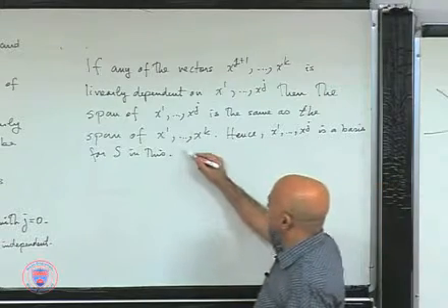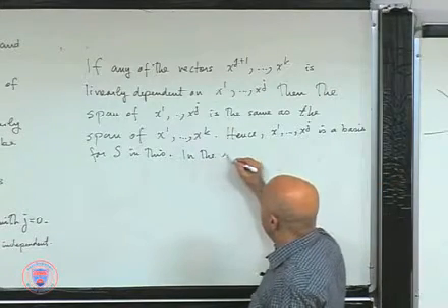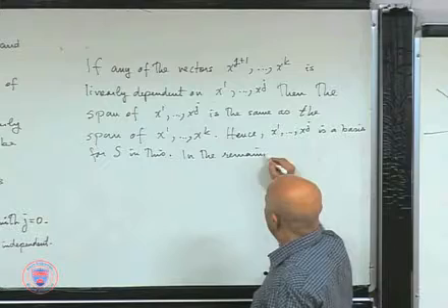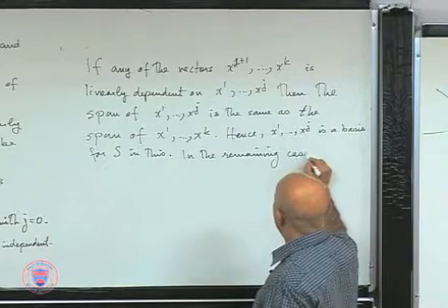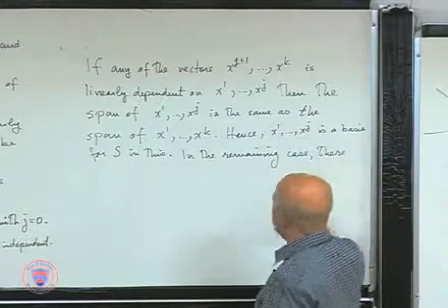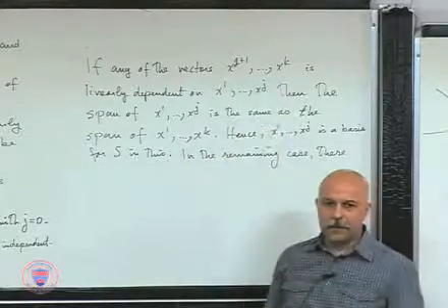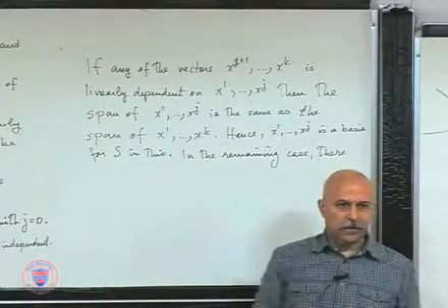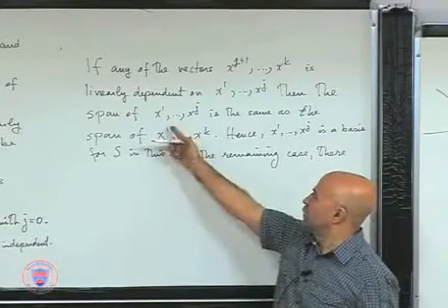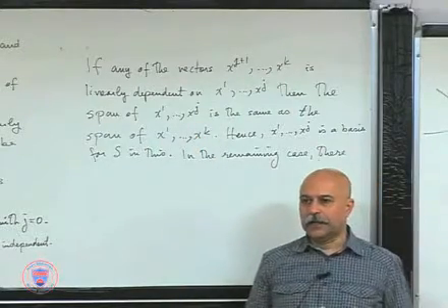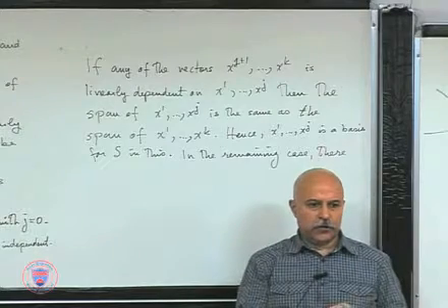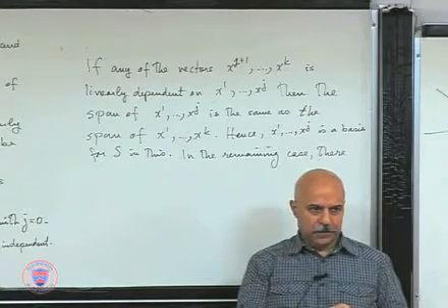In the remaining case, there is a vector in the remaining set, xj plus 1 through xk, which when adjoined to the initial x1 through xj, preserves linear independence.